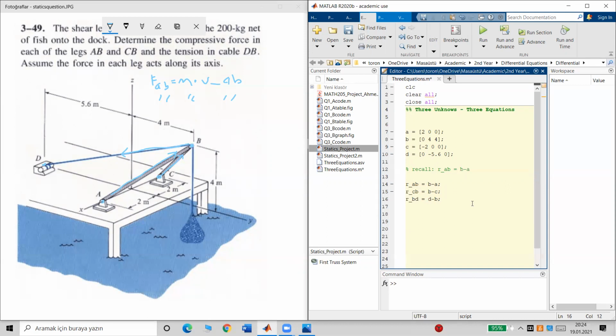Further, we also need to find unit vectors of each force so that we can calculate the magnitude of them.